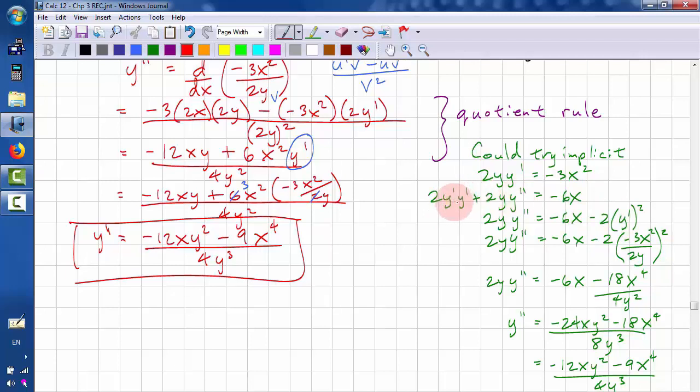It wouldn't be y double prime. So you have to put y prime squared. So you avoid doing the quotient rule, but it becomes a little bit trickier to remember this step. And then I'll let you examine the rest on your own. But you end up with the same answer. I really suggest that you follow this one.